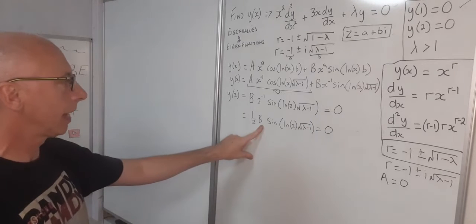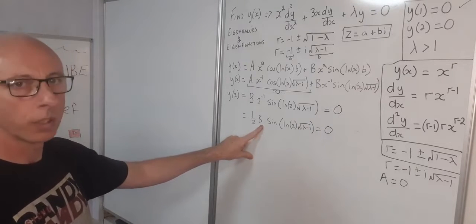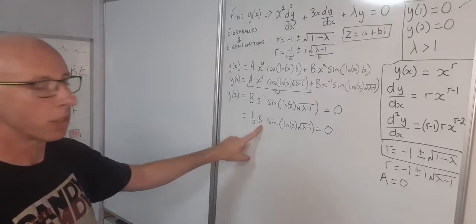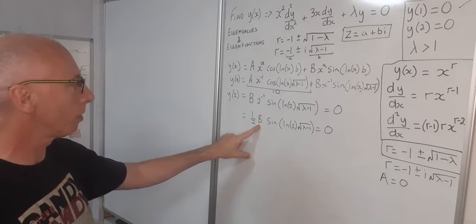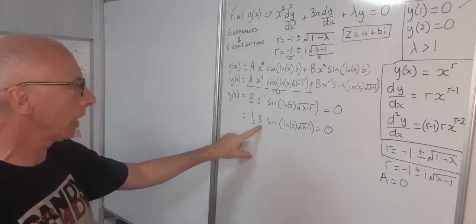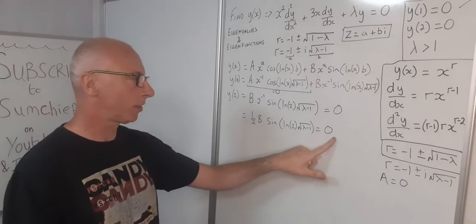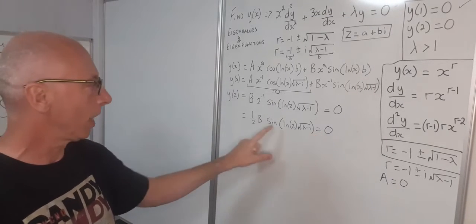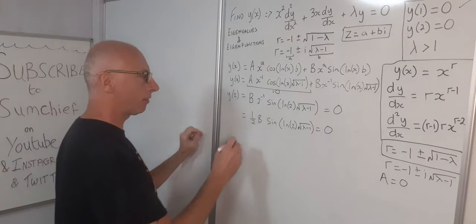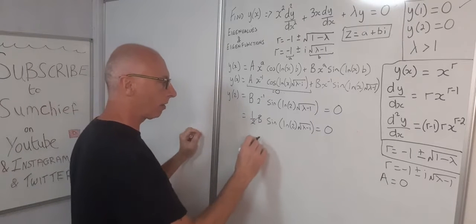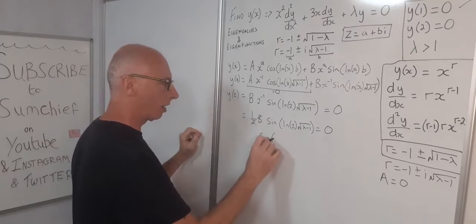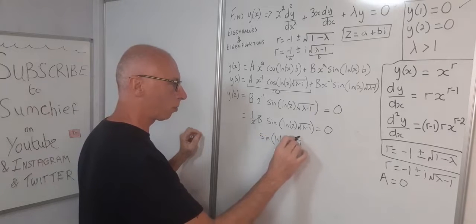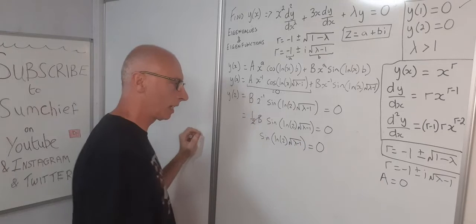Now the half and the b are going to disappear, because if we divide both sides by 1/2 times b, we're still going to end up with 0 here and just a 1 here. So now we can cross this out and say that sine of natural log of 2 times square root of lambda minus 1 equals 0.